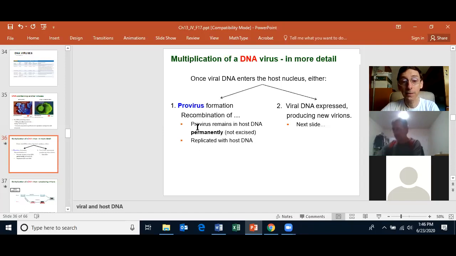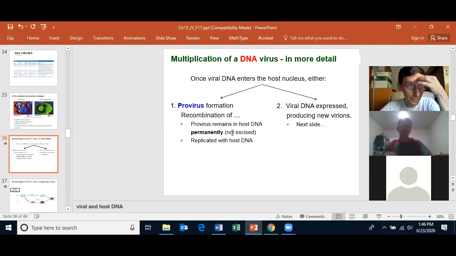Any questions about that? What we call the viral DNA when it's in the host cell's DNA, we don't call it a prophage because this is not a bacteriophage. It's not a bacteria virus. It's an animal virus. So it's called a provirus.